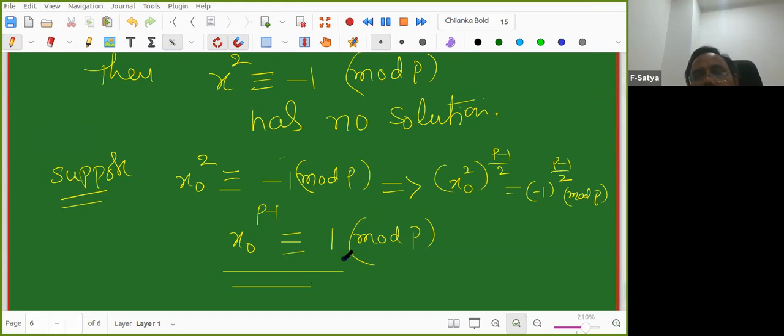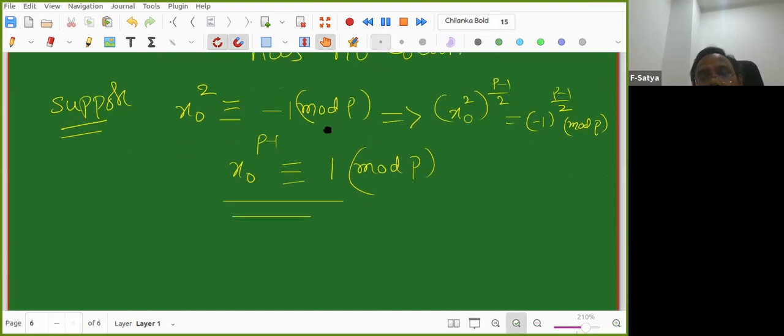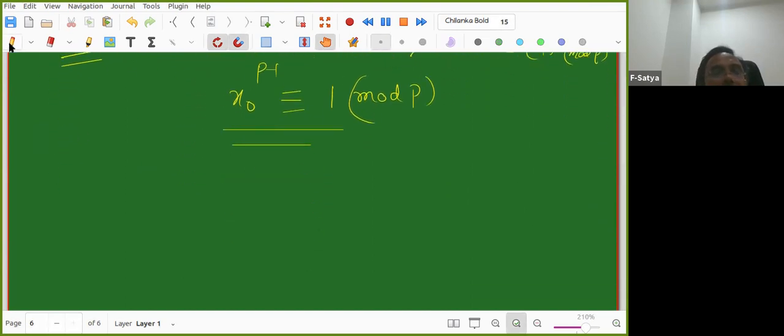But how do you prove that x square equal to minus 1 mod p has a solution when p is of the form 4k plus 1? That we have done by Wilson's theorem. But before going to that, I want to tell one point here.